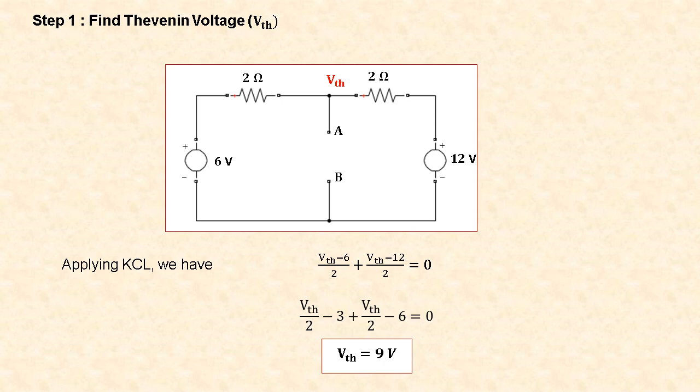Now VTH by 2 minus 6 by 2, which is minus 3, plus VTH by 2 minus 12 by 2, which is minus 6, is equal to 0. Moving minus 3 and minus 6 to the right hand side, we have VTH by 2 plus VTH by 2 equal to 9, which is nothing but VTH equal to 9 volt.